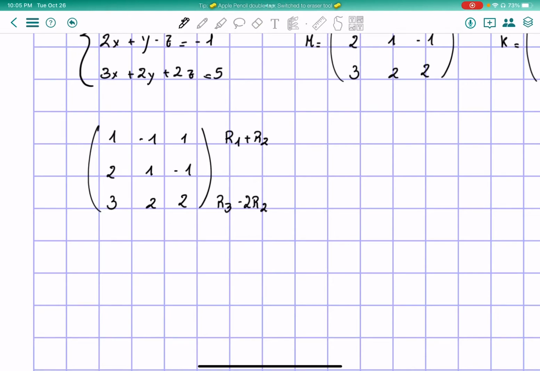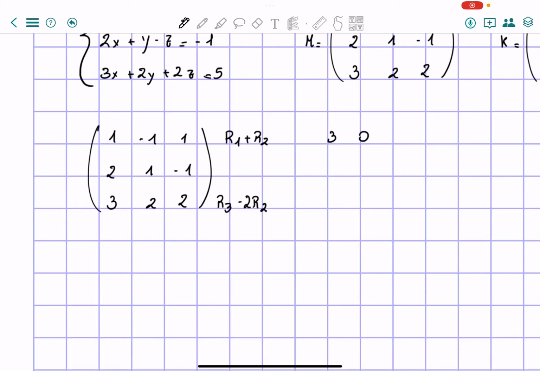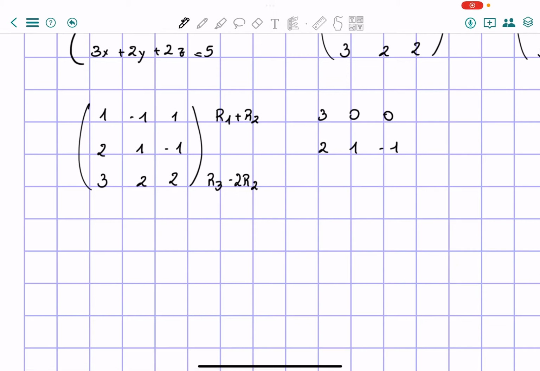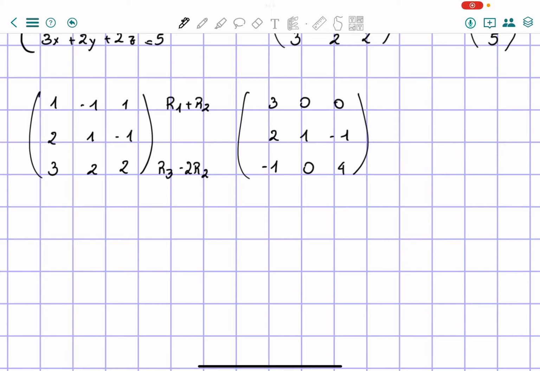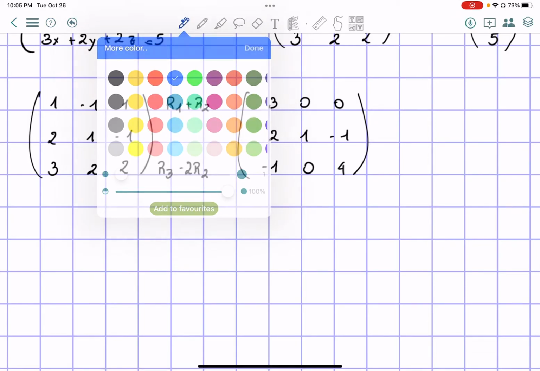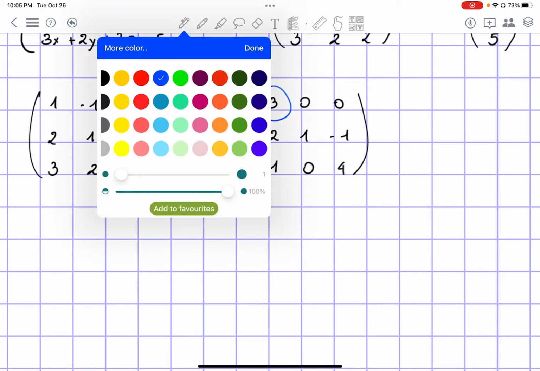So row 1 plus row 2, we get 3, 0, 0. And then the second one remains the same. The third becomes minus 2 times row 2, so we get -1, 0, and then 4. Now, as you can see, we can use Laplace's development, since the 3 over here is in a row where there are just zeros.